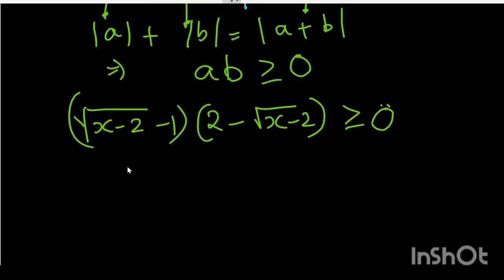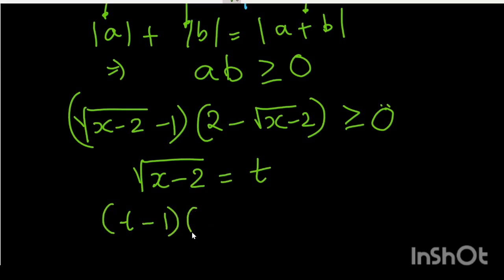To create an effect of something like it should look like a wavy curve question, let's replace root x minus 2 with t, which is only for representation purpose. Otherwise, conceptually, it doesn't serve any purpose. So this we can write like this, greater than equal to 0.